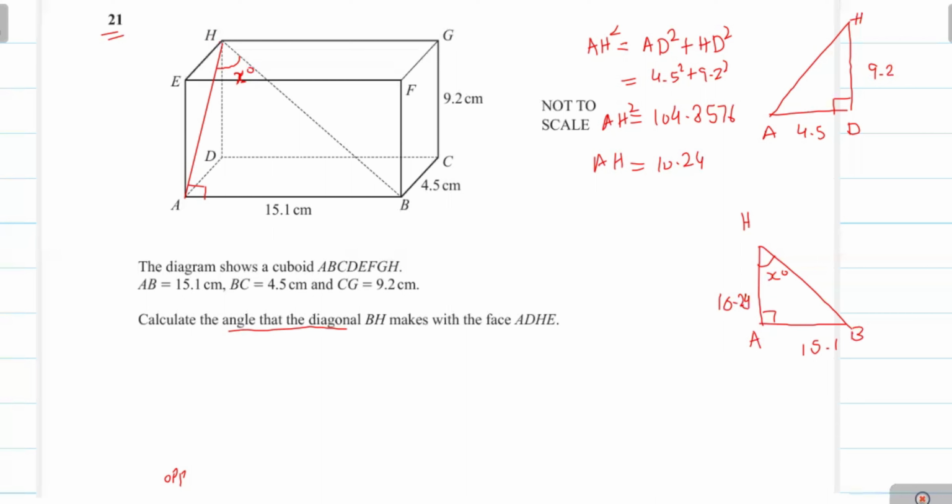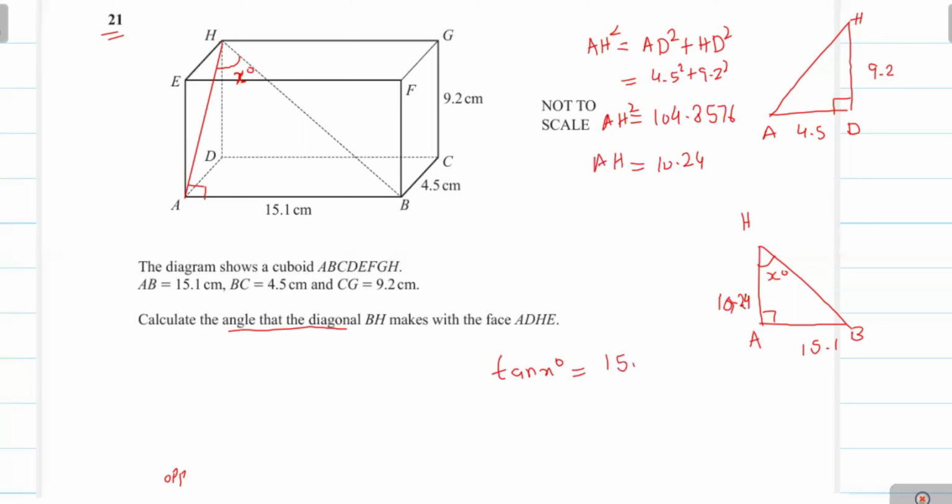Therefore, we can find this angle x degree by using the trigonometric ratio. This is the opposite side of the angle, and this is the adjacent side. We use tan x degree is equal to opposite side, 15.1, over adjacent side, 10.24. Therefore, x degree equals tan inverse of 15.1 divided by 10.24.